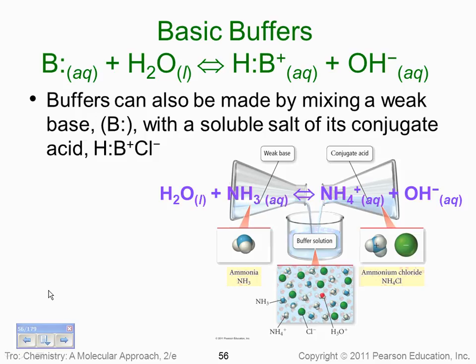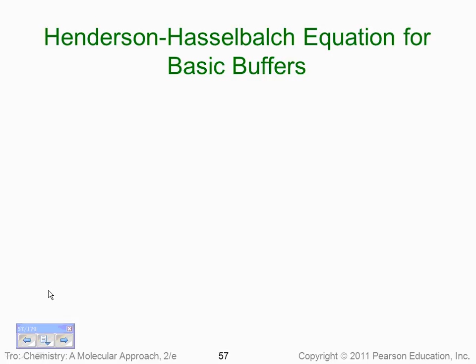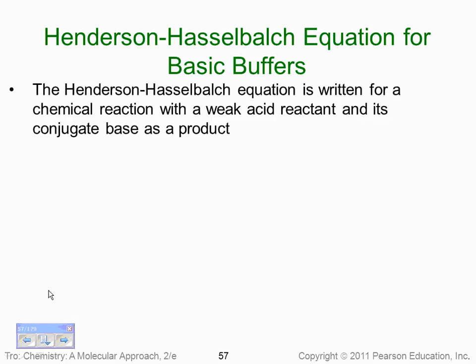The Henderson-Hasselbalch equation doesn't work exactly the same way here because this is a base, and Henderson-Hasselbalch is based on an acid, so it's a pKa plus. Now you can modify the Henderson-Hasselbalch to still be able to utilize it. But just realize that it's not quite the same situation.